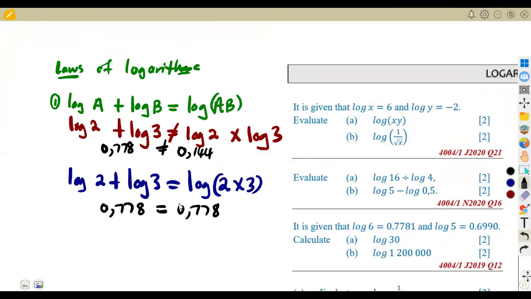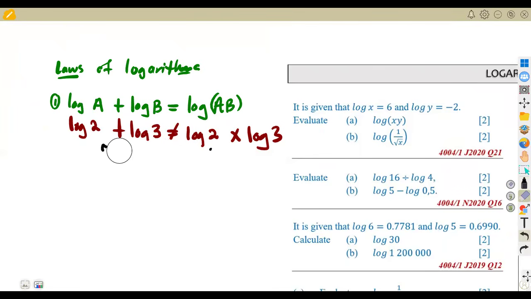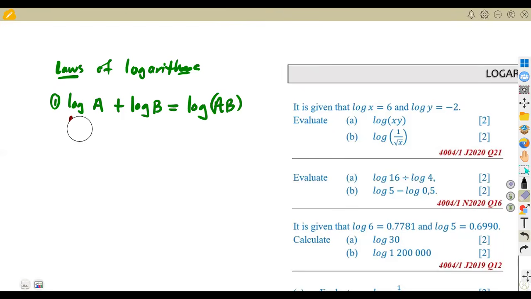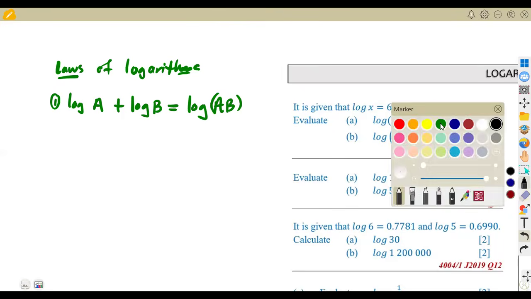Paper 2, calculations. And also it affects you once you go to your A-level, you're now doing advanced mathematics. It affects you a lot if you do not know the basics of your logarithms. So it affects even your A-level mathematics. So understand the laws. Understand them.